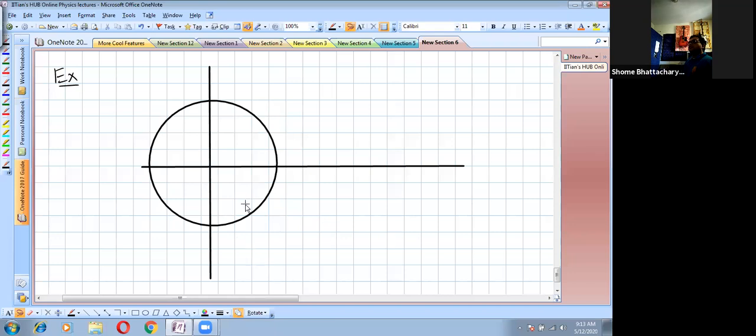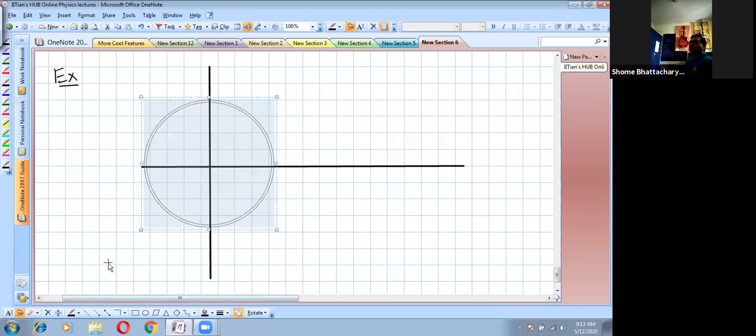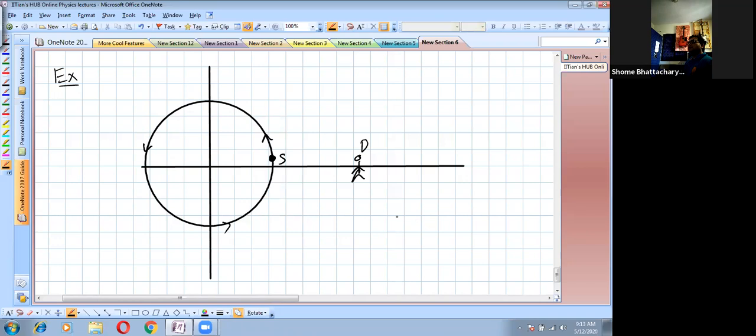Okay, so suppose we have this kind of situation where a point source of sound is moving in a circular path like this, and an observer or a detector is somewhere over here.